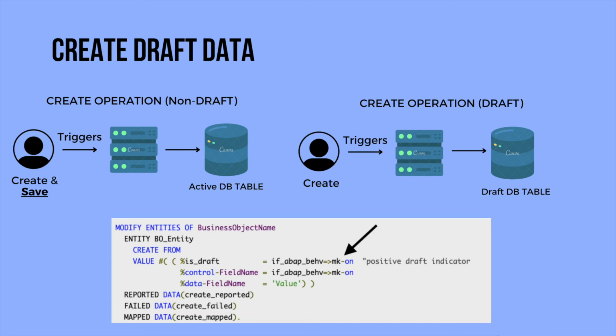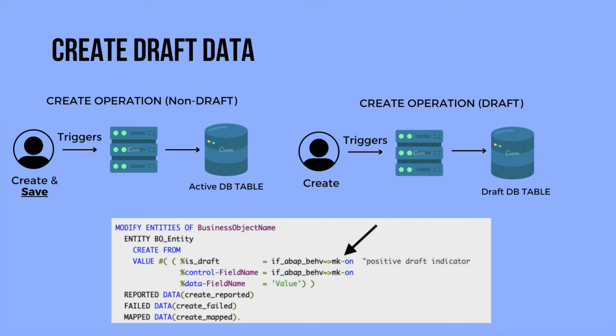Only once you click on the create or save button will the request go to the backend. Until then, whatever you enter stays in the UI. After clicking create, the request goes to the backend, and the data will be stored in the active database tables. That is a normal create operation.